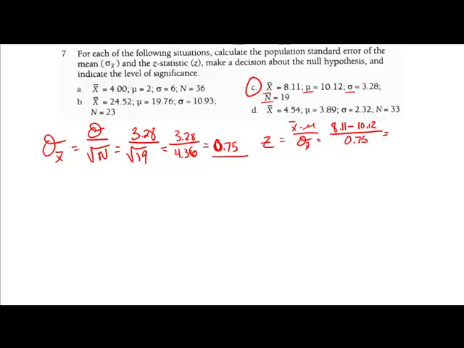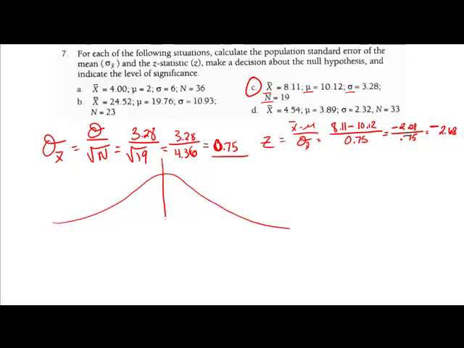Well, 8.11 minus 10.12 is a negative 2.01. Divide that by 0.75. We're going to end up with a negative 2.68.